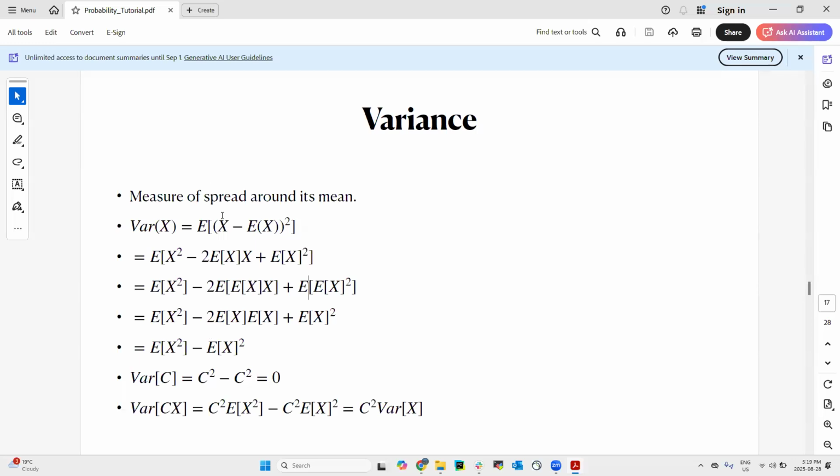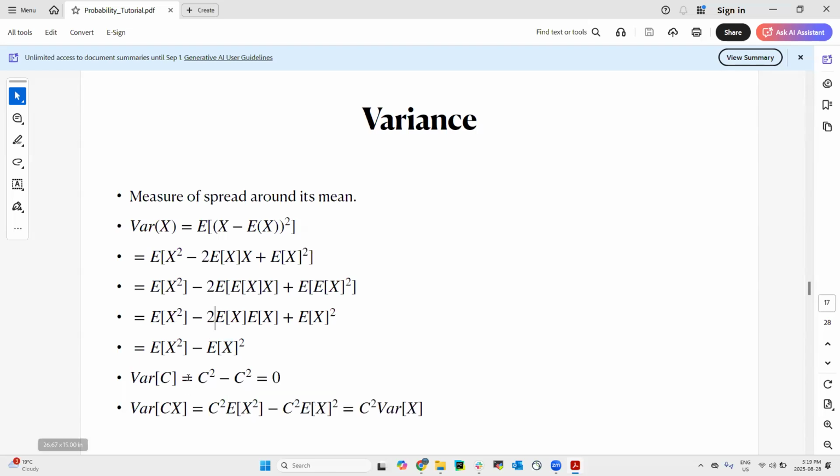You can find the expected value, subtract it from all the values, square it, and then find the expected value. Or you can square each of the values of x, find the expected value over the squares, then find the expected value over the actual x values and square that, and then find the difference between them. And that's going to be our variance.